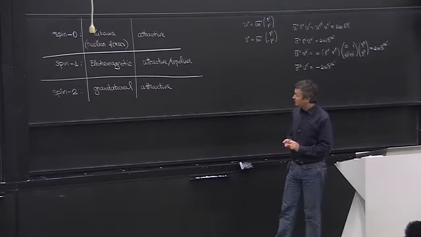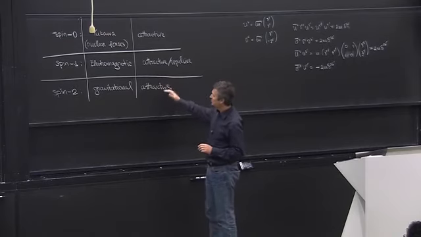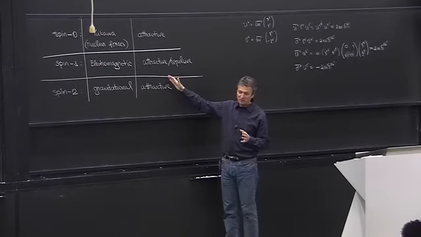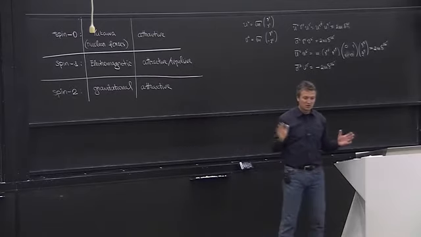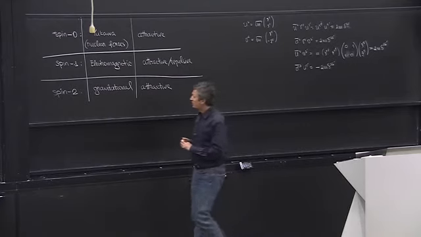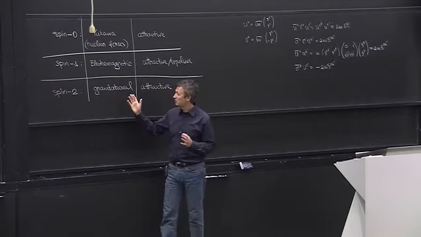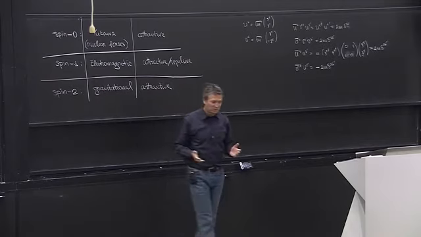However, from these three types of interactions, two of them are long range. For gravitational and electromagnetic interactions, the low energy approximation is just the Coulomb potential. This is because the particles that mediate these interactions are massless. The graviton is massless and the photon is also massless.